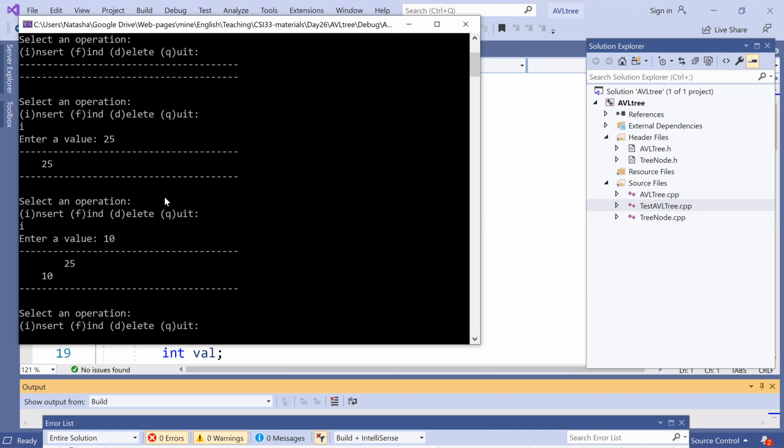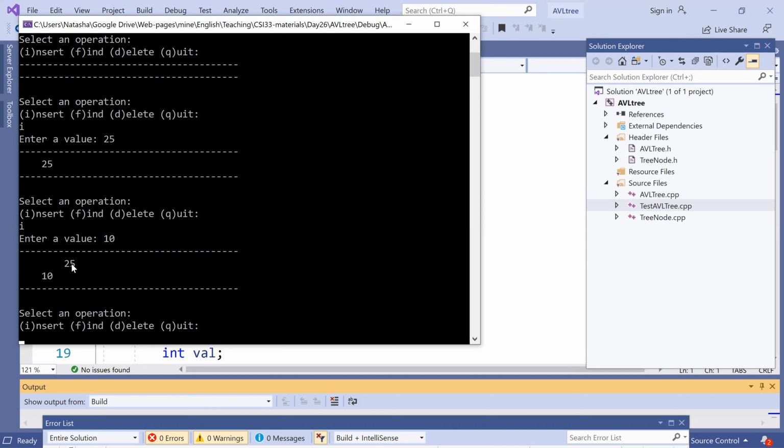Now let me insert the value of, let's say, 1. Now here what I'm looking at, the 1 should pop up over here. This is the 1, right? Now this will be an unbalanced tree because here we have kind of level 1 height and here it's -1, right? So it will be unbalanced, and therefore the code should rebalance it.